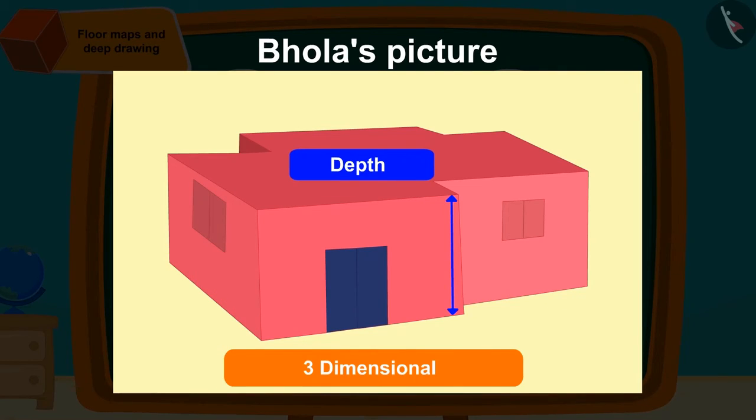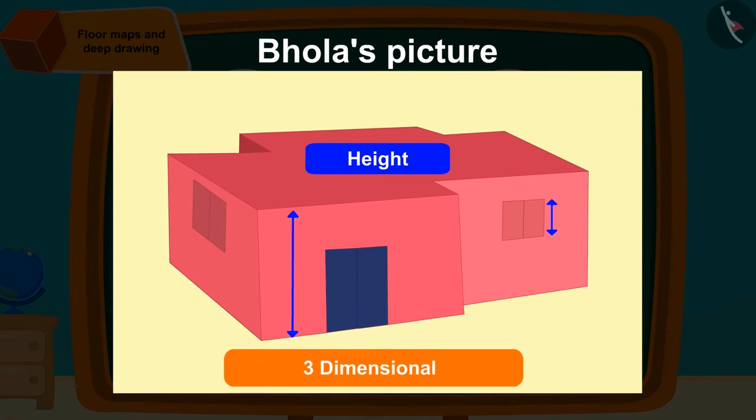And that's how we can tell about the height of the room or window from the picture that Bhola had made. Since we can also estimate the depth, we call the pictures drawn by Bhola as deep drawings.